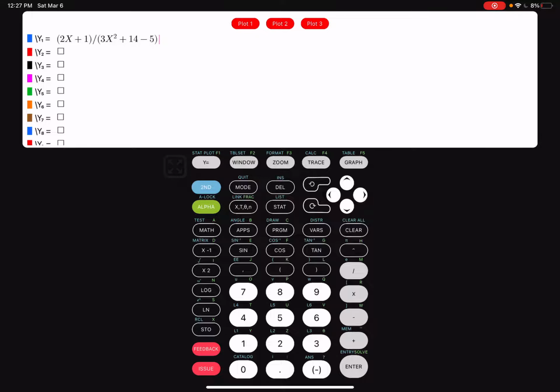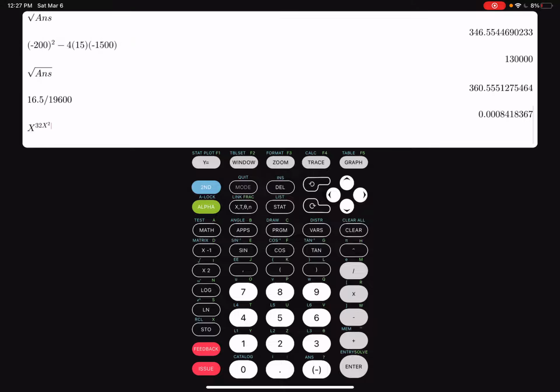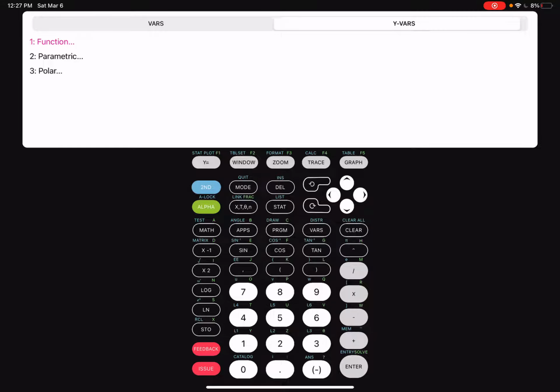Now we have that in there. In our calculator, we can store any number we want as for x. So if we say negative 6 and choose this store button for x, now whenever we plug in negative 6, or x, it'll plug in negative 6. So if I go to vars, function, and choose y1 and hit enter, that's the answer when I get negative 6 in there for x.